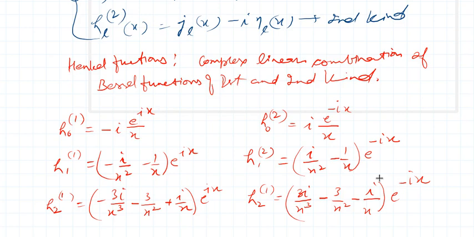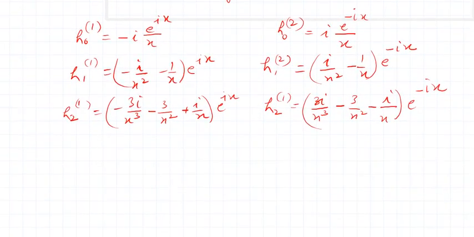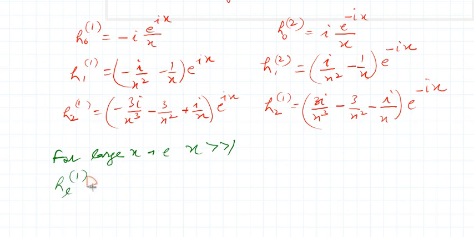But for large value of x, how do we define these? A generalized formula can be written for large x. You can remember these results. For large x, that is x is very much greater than 1, this HL1 can be written as 1 over x times minus iota raised to power L plus 1 and e raised to power iota x.